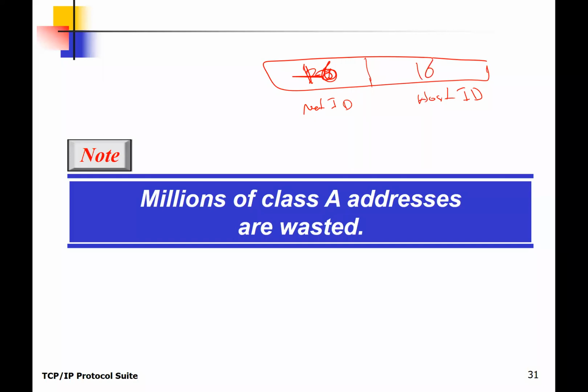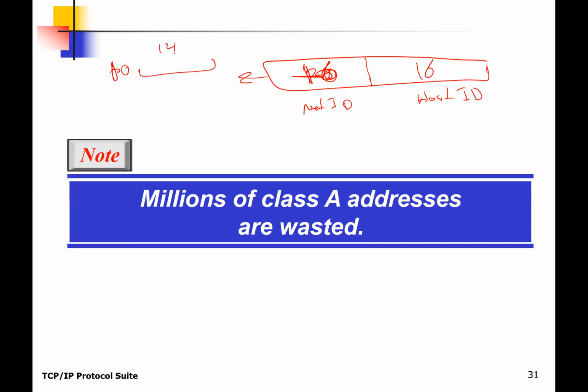Because we said the first 2 bytes in class B are for the network ID. Now, let's go to this first 16. In class B, how many bits always have to be fixed? 2, which always have to be 1 0. So how many bits are left here to change? The first two always have to be 1 0. And how many are left here to keep changing?